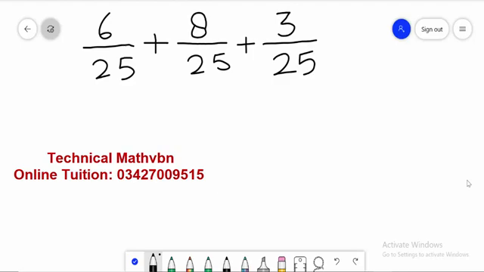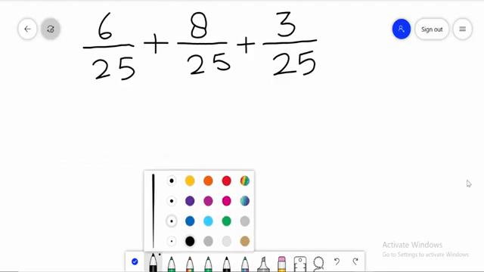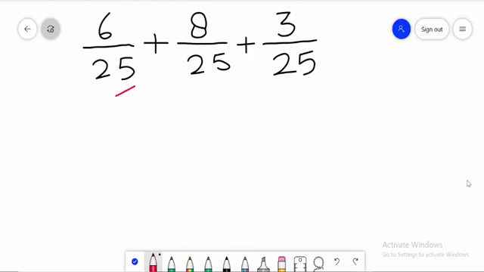So let's start. Here on screen you can see 6 over 25 plus 8 over 25 plus 3 over 25. This is the first type of fraction, and you can see clearly that the denominators are the same.